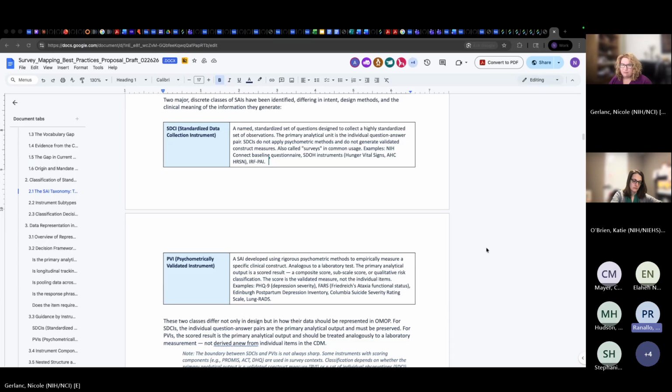It's really just collecting information in a standard way. At the end of the day, they're just two fundamentally different kinds of things. A psychometrically validated assessment is much more like a laboratory test.